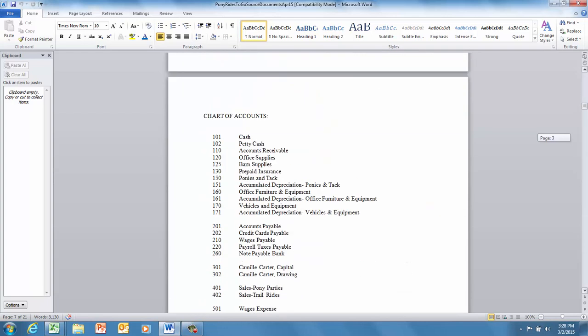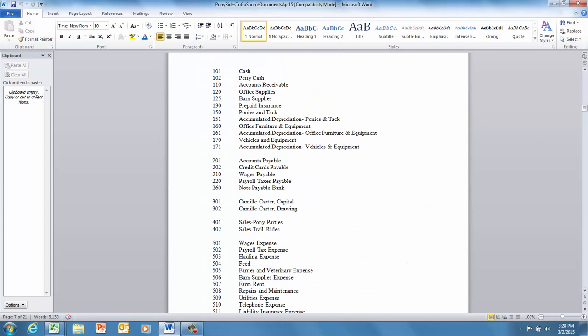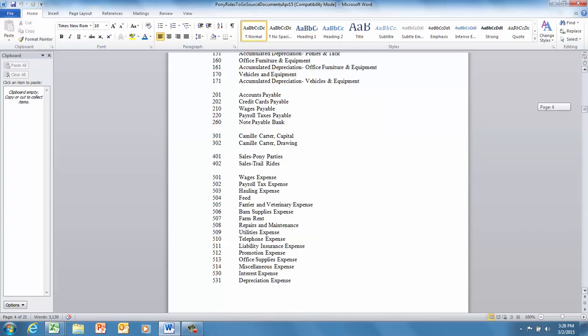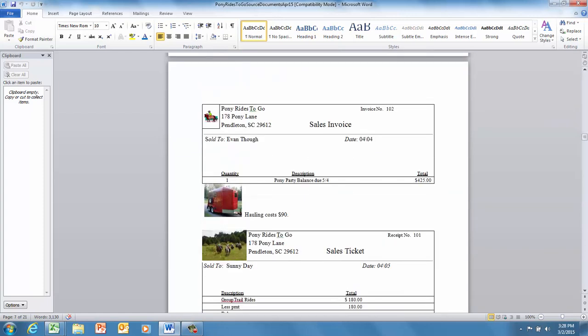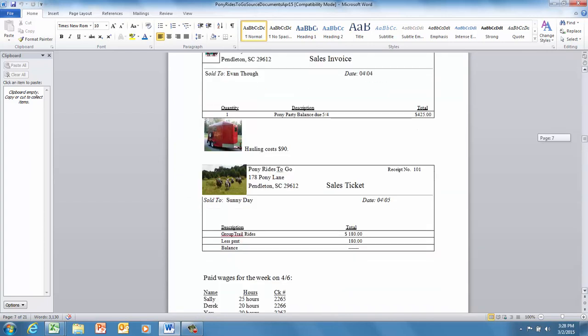So when we go to our chart of accounts, when the customer owes us, that's accounts receivable, and we're going to debit that. And we gave up sold services, and we look down in our revenue accounts and we have sales-pony parties, and that's what we'll credit. Then our hauling costs, which we've already discussed, is right after that.